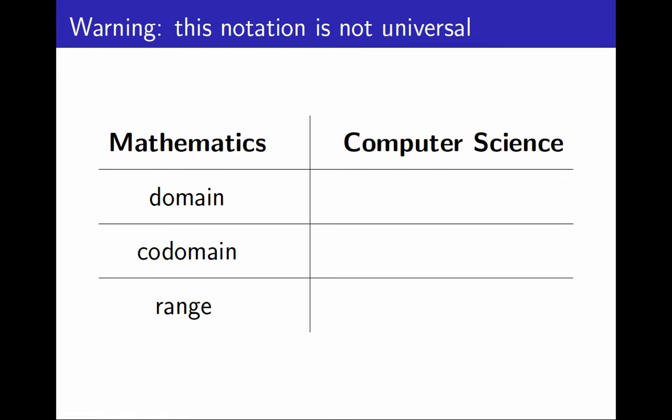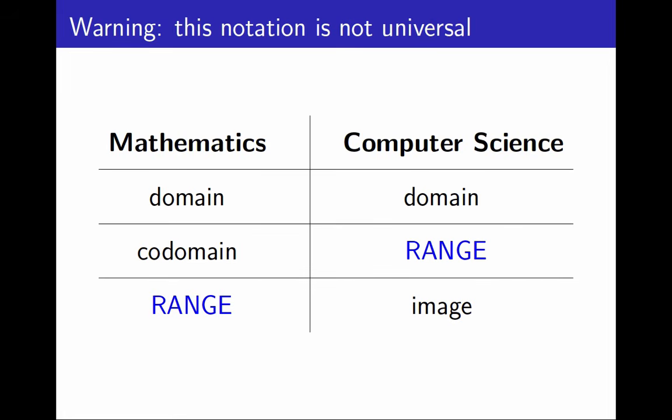They still use the word domain the same way I have. But what I have called codomain, they call range. And what I have called range, they call image. This makes it confusing because now range may mean two different things depending who you ask, but don't blame me. The moral is that if you're working on math with somebody else, you should make sure you agree on notation so that you can understand each other.